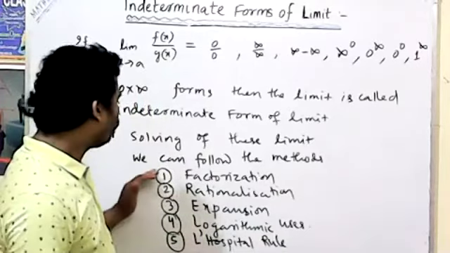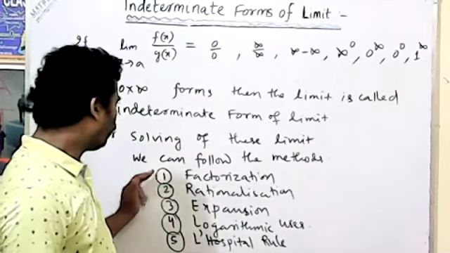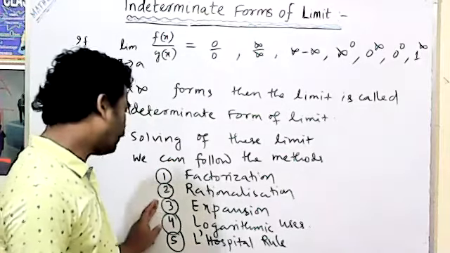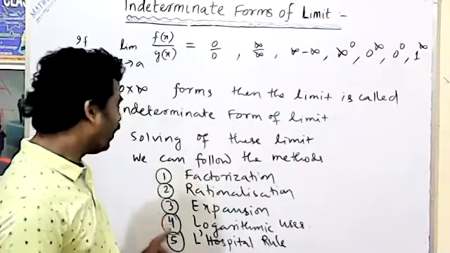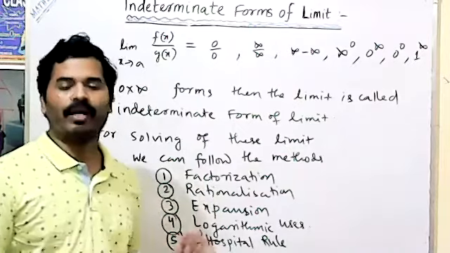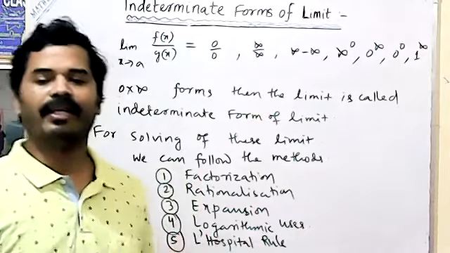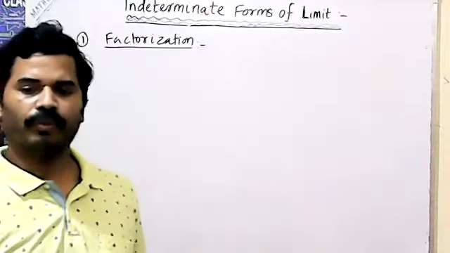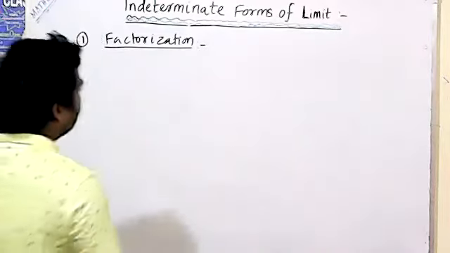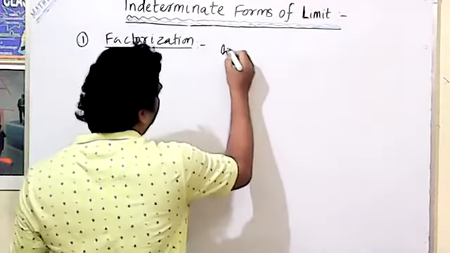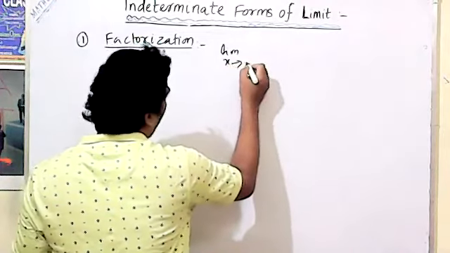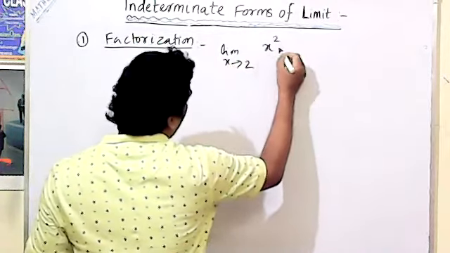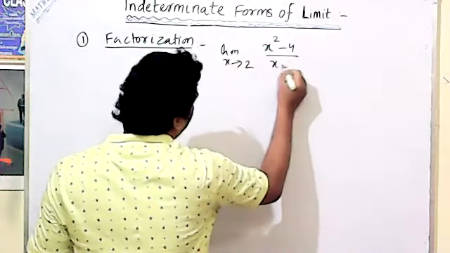So first of all, we have to see one example each in factorization, rationalization, expansion, logarithmic uses, and L'Hospital rule. So how can you do it? Let's take one example. First, factorization. Suppose the limit x tends to 2 of x square minus 4 by x minus 2.